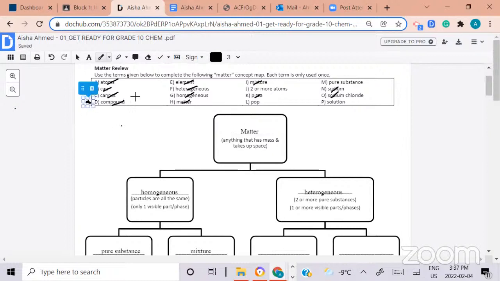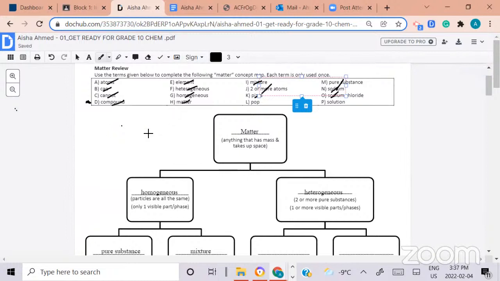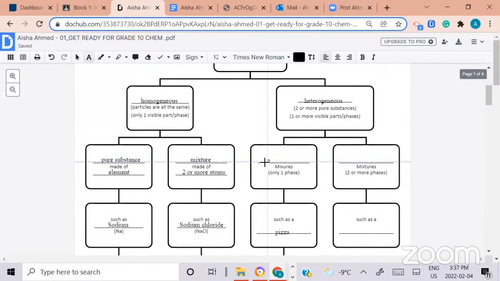Yeah, awesome. Okay, so heterogeneous. We have to cross out pure substance because we used that, and two or more atoms. So we only have compound and solution left. So I guess that's what we're putting. We still have it in our box.